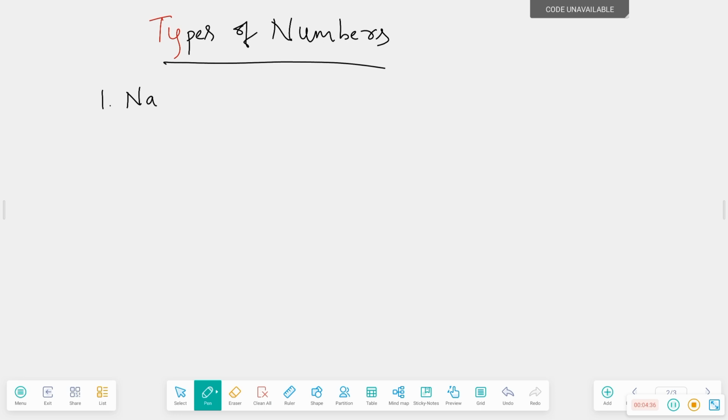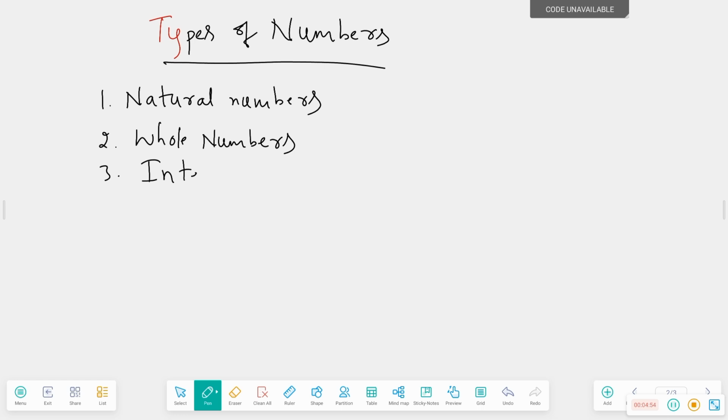So one is natural numbers. Second one, whole numbers. Third one, integers. Fourth one, rational numbers.